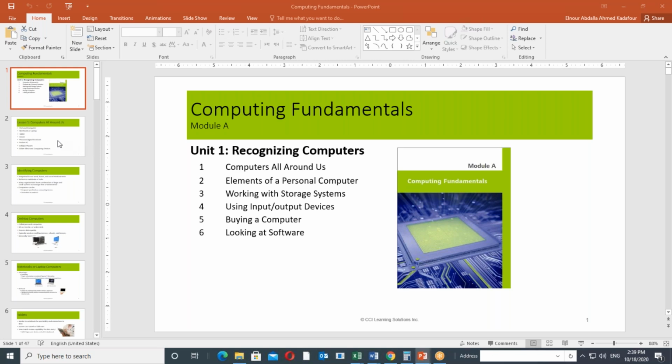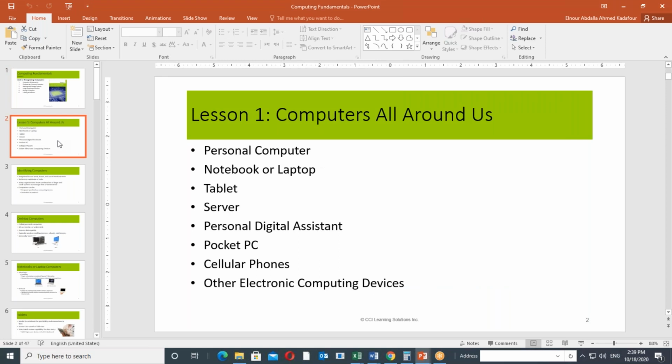If we get inside slide number 2, that's lesson 1. Computers all around us means wherever you move, you will find a computer. If this is a personal computer, like what I have in my office, for example, that is a computer, put on my desk. This is called a personal computer.